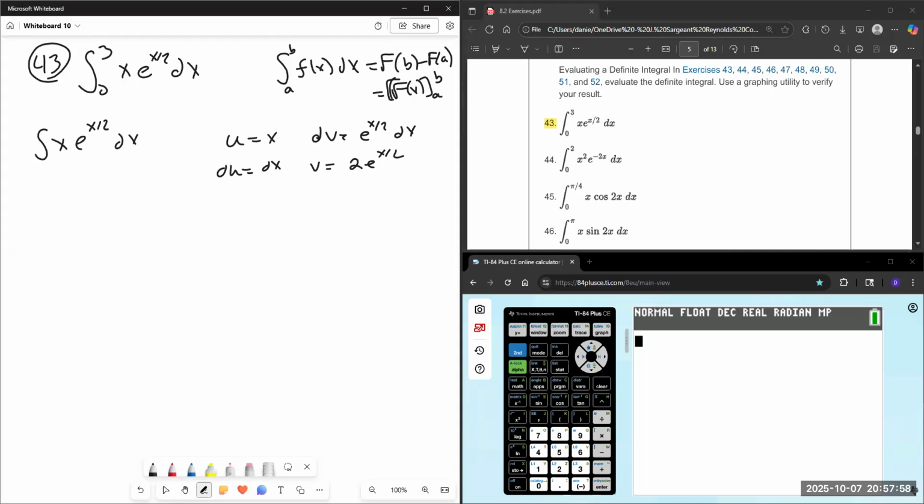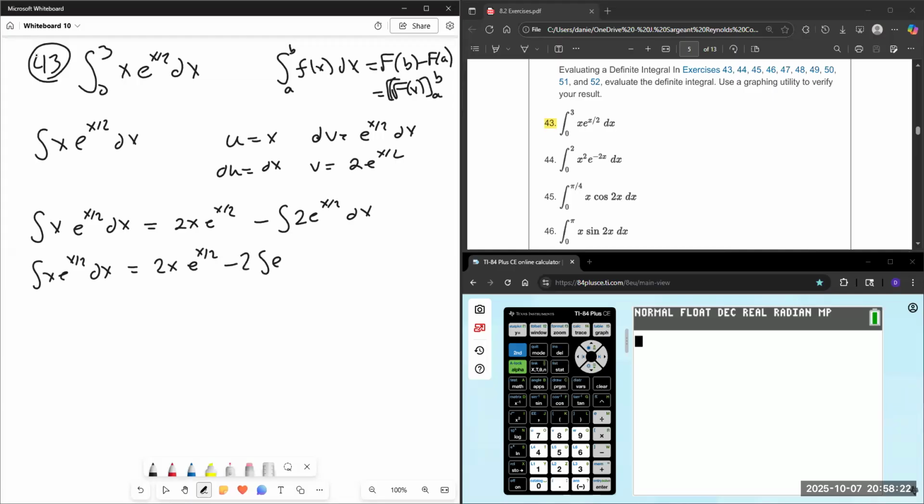So the integral of x e to the x over 2 dx is equal to uv minus the integral of v du, which is 2x e to the x over 2 minus 2 integral e to the x over 2 dx. So the integral of x e to the x over 2 dx is equal to 2x e to the x over 2 minus 4 e to the x over 2.